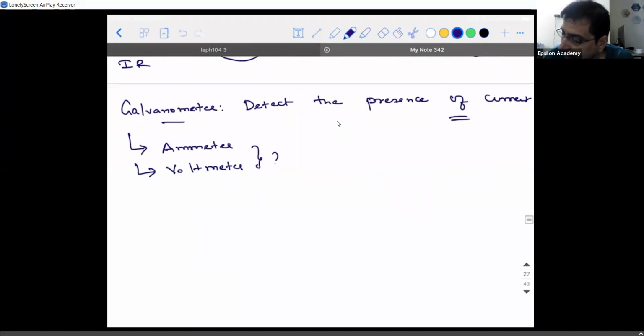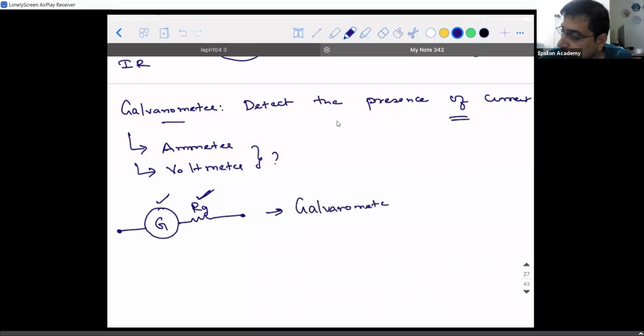Okay. So generally the symbol for a galvanometer is like this. You put a G around it. Okay, in your textbook they would have put something like this. So this is a galvanometer with its resistance as Rg. Okay. So how to understand this? This is a galvanometer with resistance value Rg.